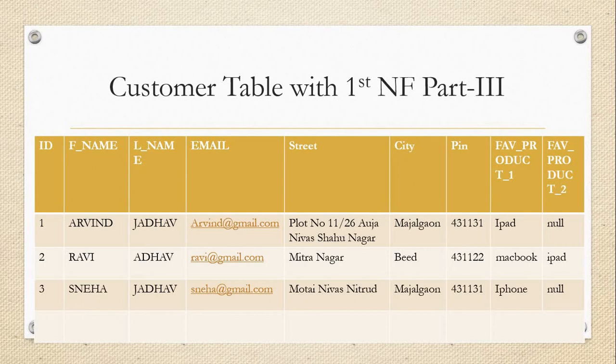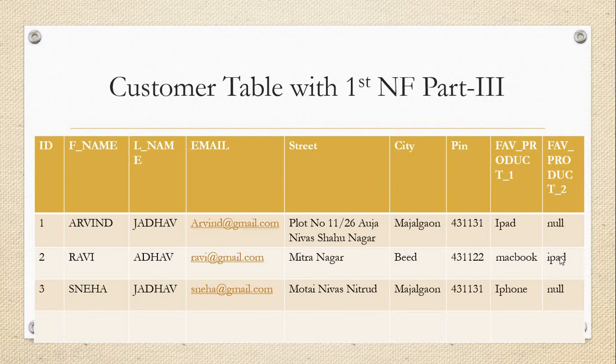So what is happening here? For Ravi, there is no problem, but what about the first user and the last user? There is a problem for the second product. So what we need to do is separate this favorite product. We will use this ID as a primary key and this favorite product as another key.